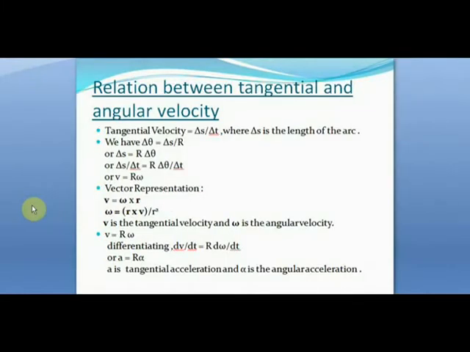Similarly, we can write the vector form of equation omega is equal to v by r. So here the vector omega, which is angular velocity, would be equal to r cross v by r square. So this is how we can represent omega in vector form.